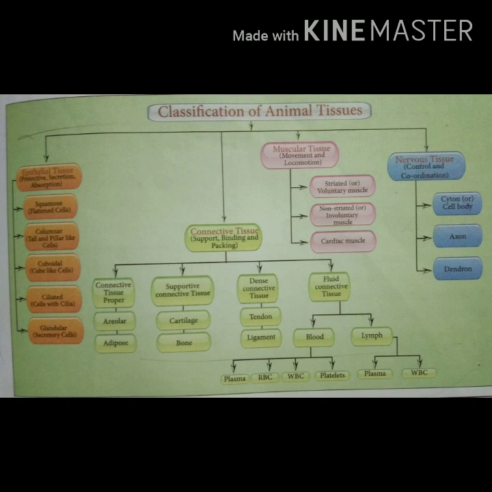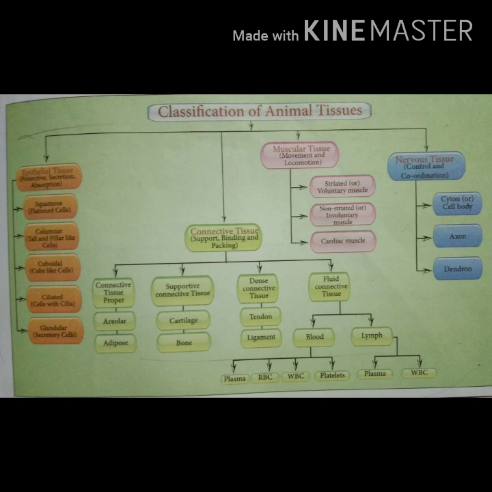Then the next tissue is the connective tissue. In that connective tissue we had seen the connective tissue proper, in which we had seen areolar and adipose. Then the second one, supportive connective tissue, that is cartilage and bones. Then the third one, the dense connective tissue, in which we had seen tendons and ligaments.